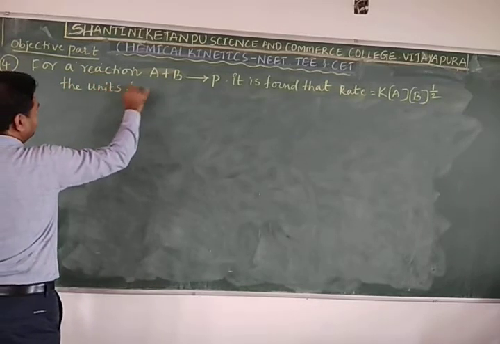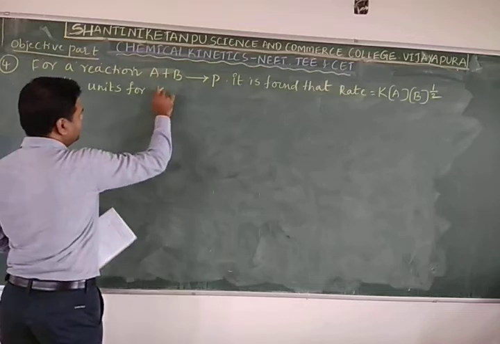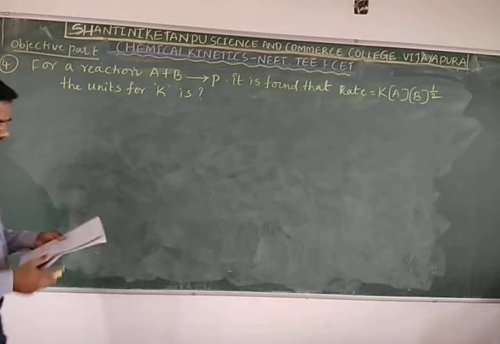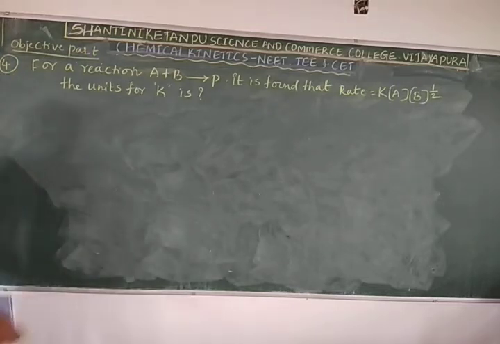The question is, the units for K, meaning the rate constant. K means what? Rate constant. Units for K are the options given here.